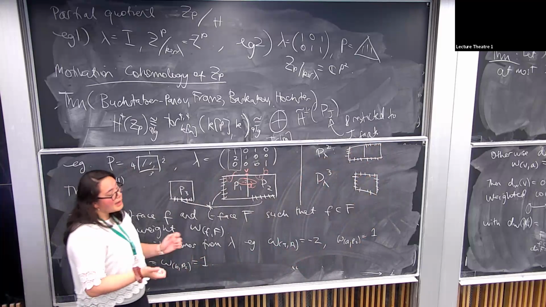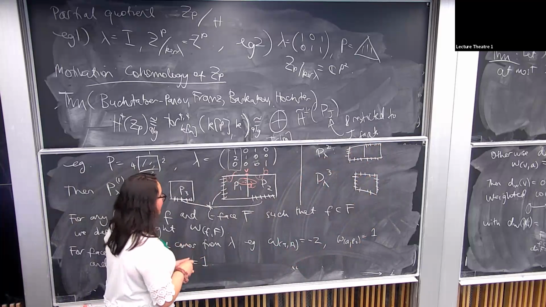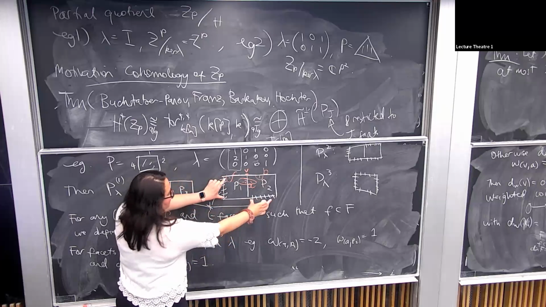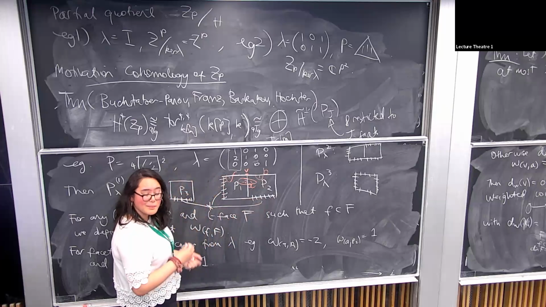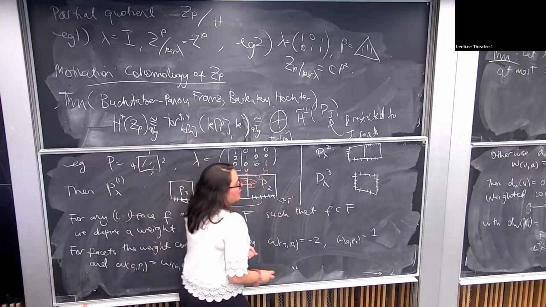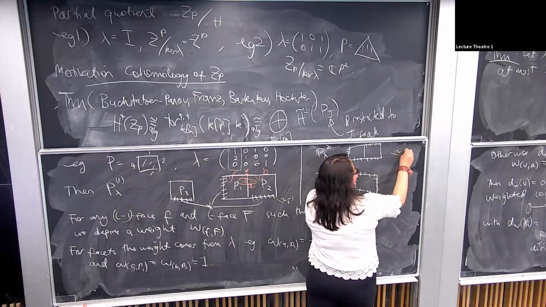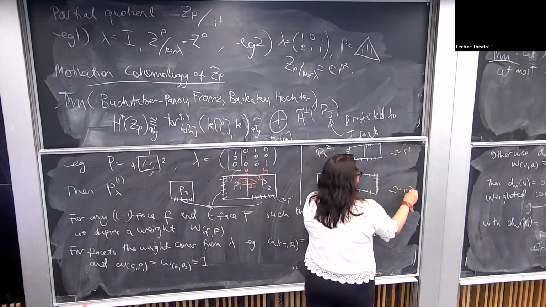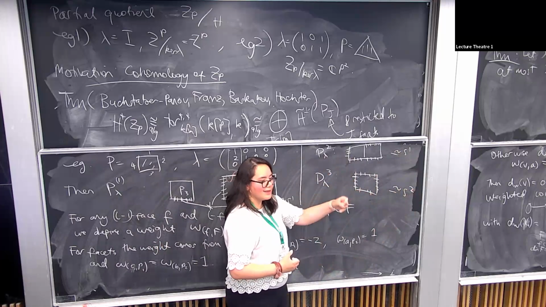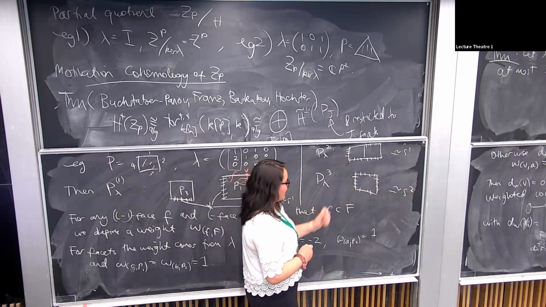And so somehow these classes kind of come from the fact that if we identify these 2 edges to a point, we get something that looks a bit like an S1. This one also looks a little bit like an S1, and this one ends up looking like an S2, right? If I take all of the boundary of a disk and identify it to a point, I get S2 here.